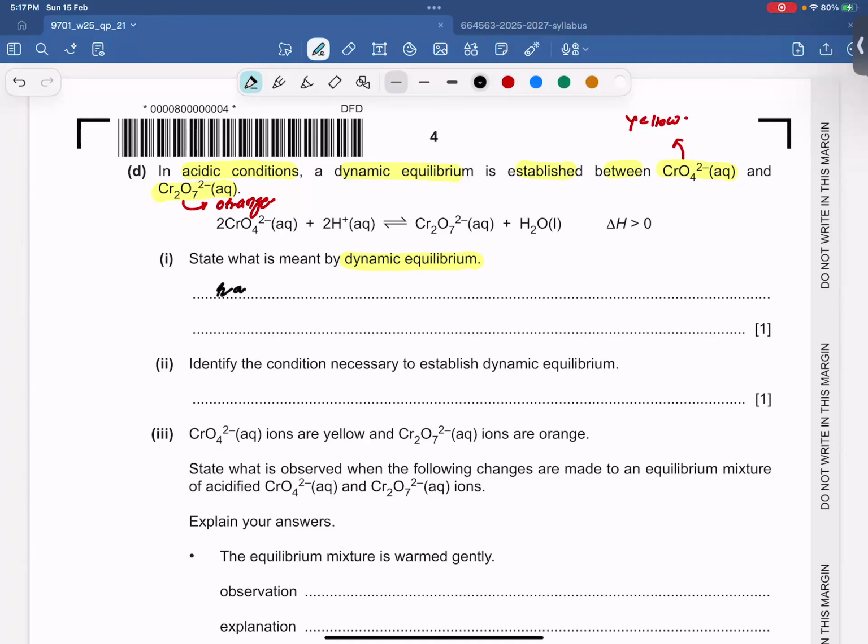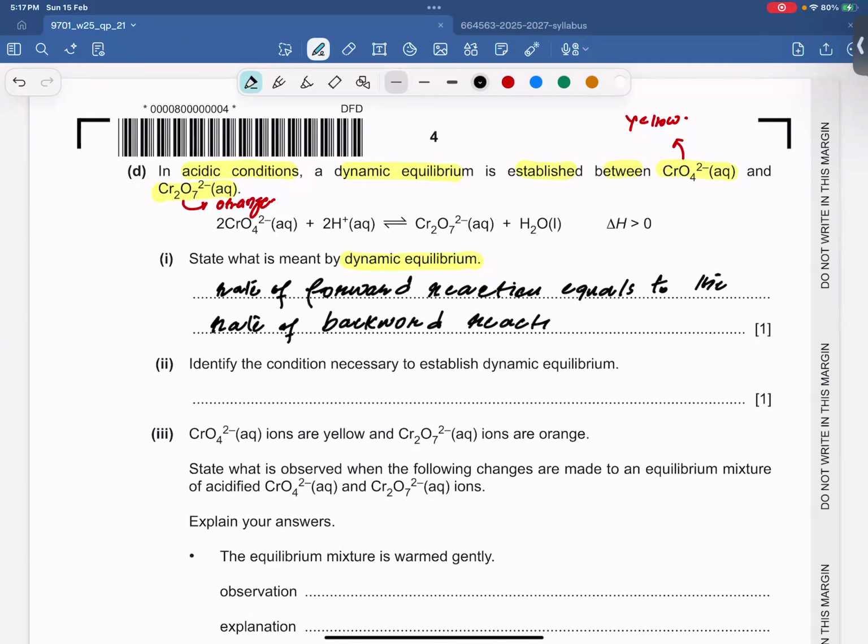So rate of forward reaction equals the rate of backward reaction.